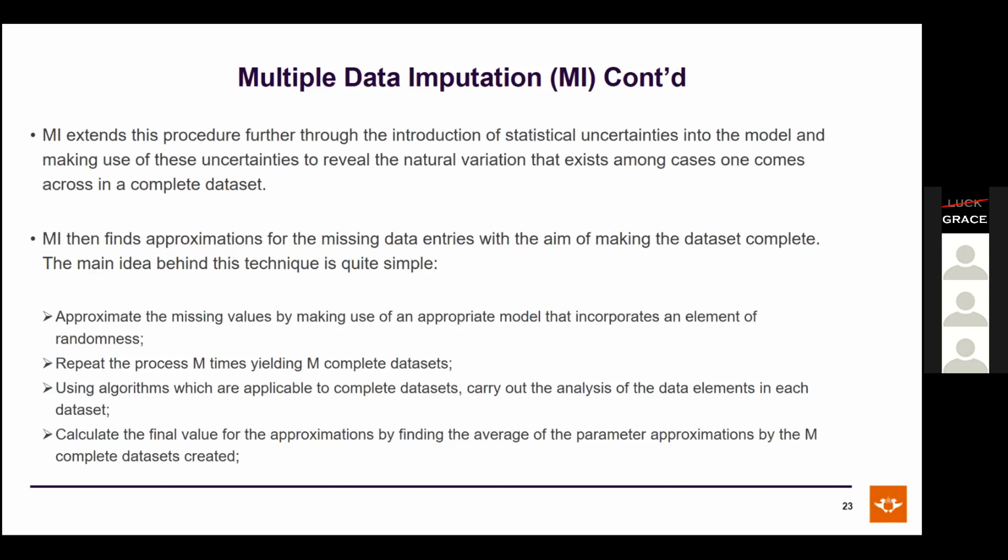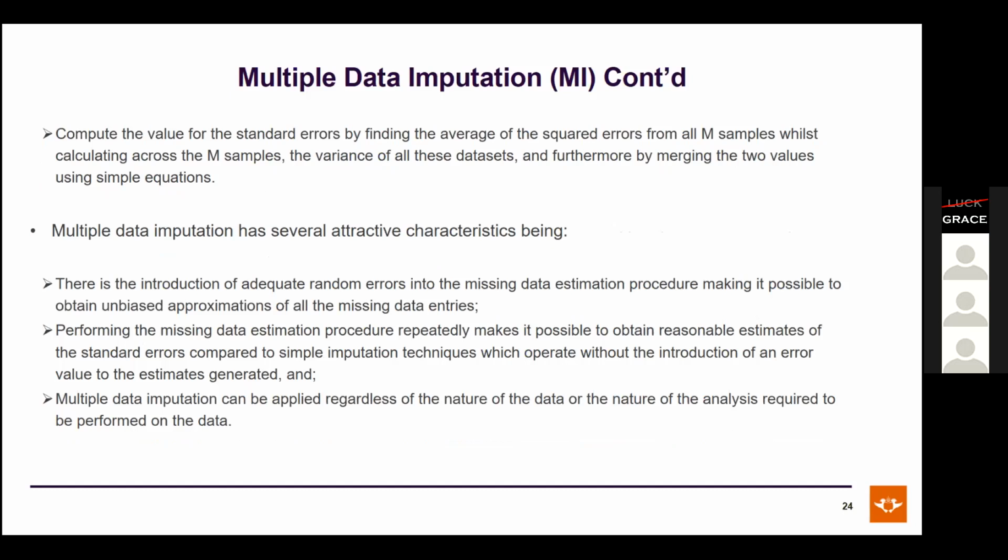So we average the imputed values and use the average as the missing information. And then the last thing it actually does is compute the value for the standard errors by finding the average of the square errors from the m different data sets, whatever the number might be, while it's also calculating across the m samples for variance of these data sets.